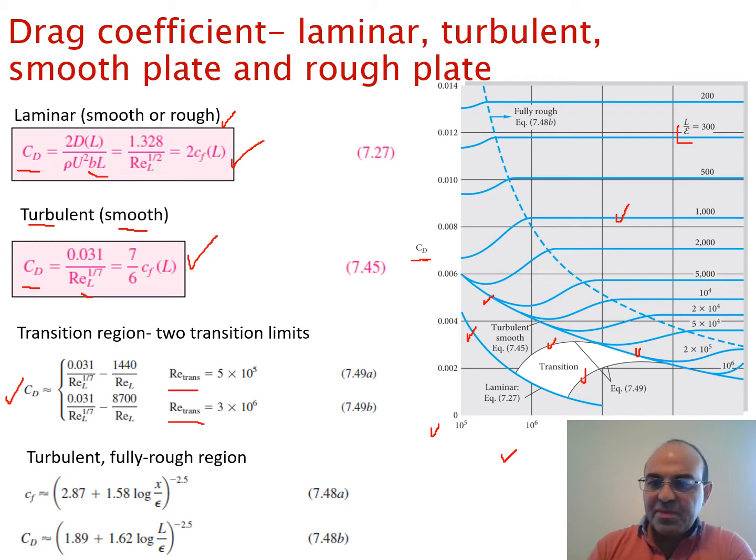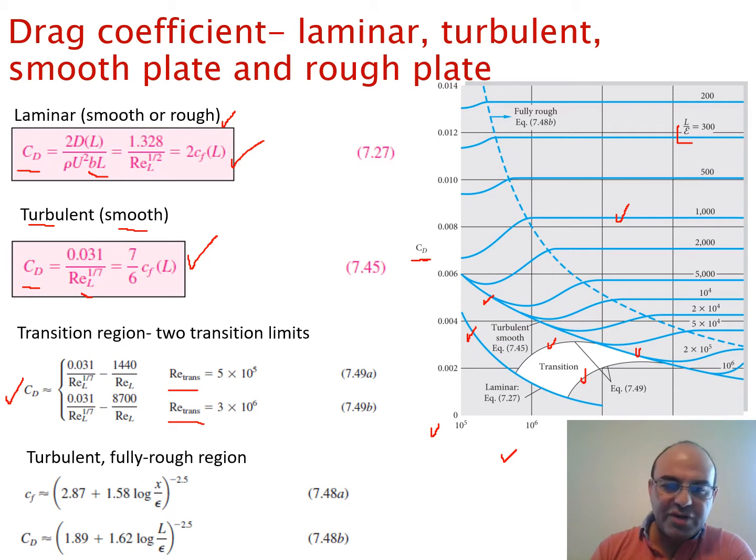For each value of this roughness ratio, we can use the corresponding branch in order to find CD. And you see that, again, similar to internal flow, for very rough or fully rough plates, the CD becomes independent of the Reynolds number. And the line for each of these cases depends on the Reynolds number as well.